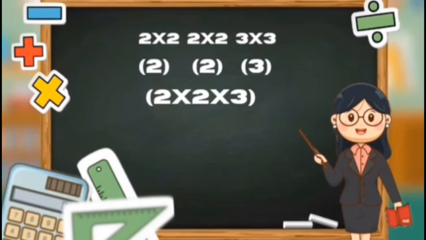Therefore, the answer is 12. So the square root of 144 is 12. Therefore, 144 is also a perfect square. It's called a perfect square because if you multiply a number by itself, the given number will be shown.